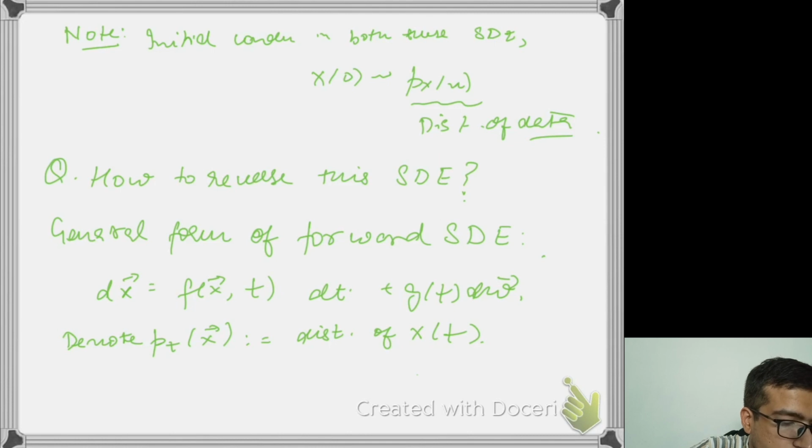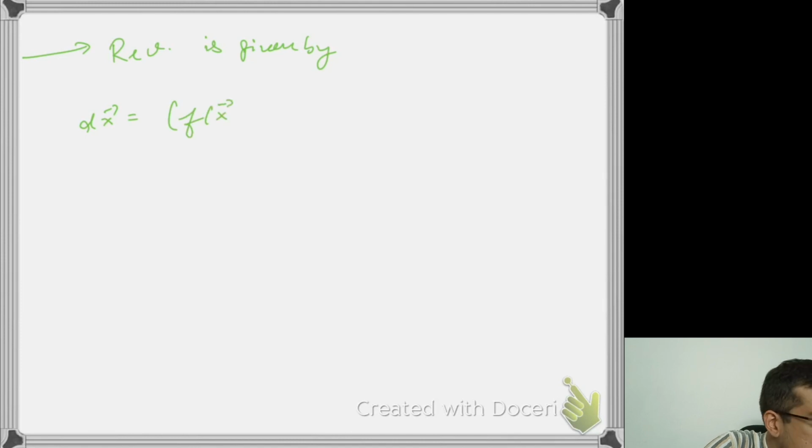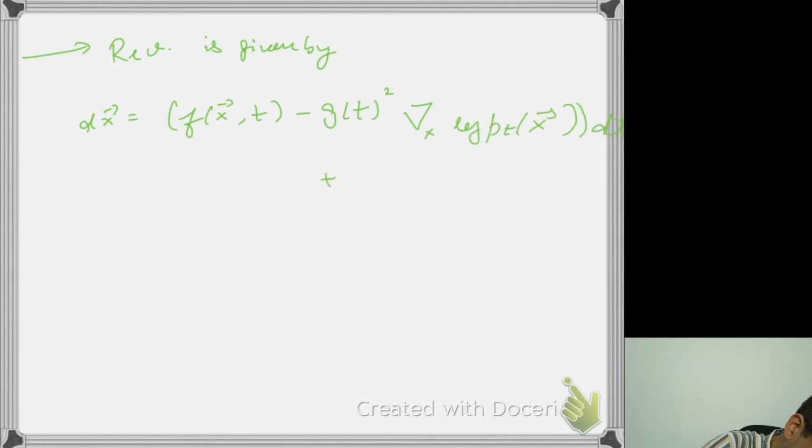The reverse of a diffusion process is also a diffusion process, right? So the reverse is given by dx equals f of x, t minus g of t squared times gradient x log p t of x, dt, plus g of t dw bar, where w bar denotes the reverse Wiener process.